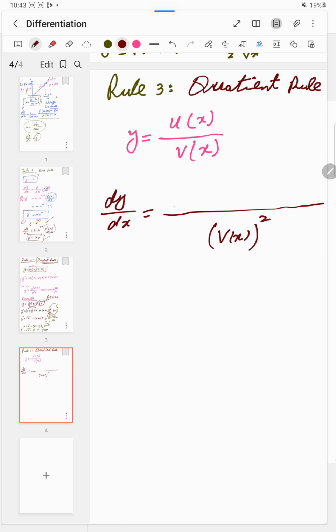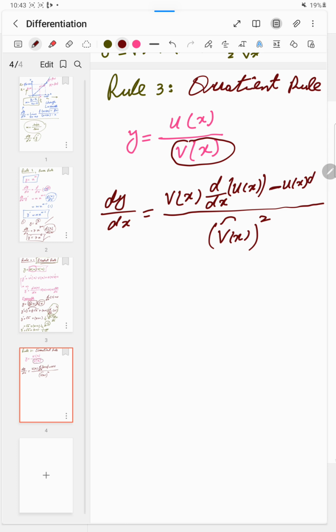In the numerator, the denominator will be as it is, and we have to apply the derivative of the numerator, so derivative with respect to x of u of x, then minus, and our numerator will be as it is. In this case the numerator is u of x, and we have to apply the derivative of the denominator, not the power of the denominator, just the denominator. So our denominator is just v of x, so d over dx of v.